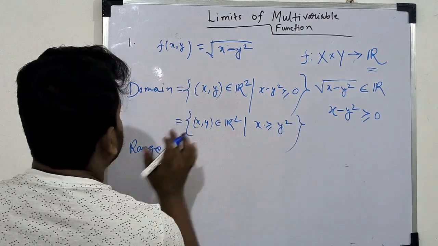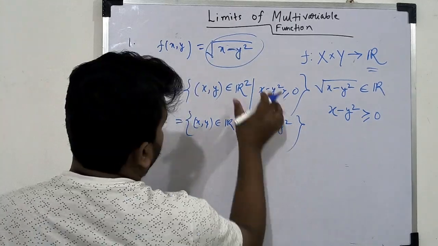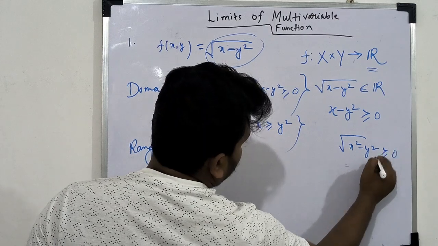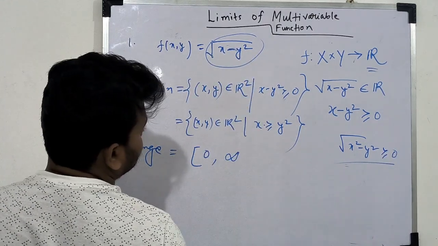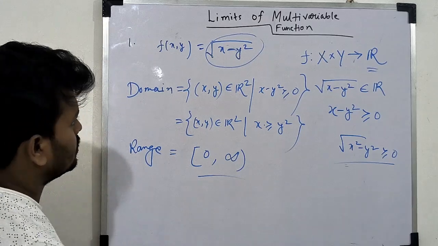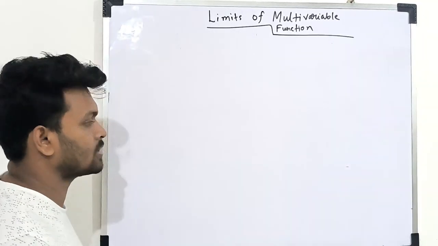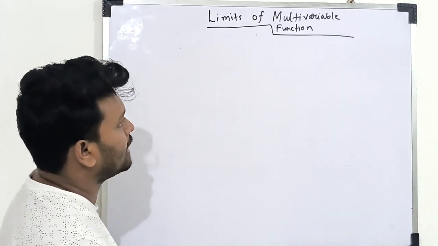This is the domain for this function, and the range: as this goes to R and the root is greater or equal to 0, the range will be from 0 to infinity. You can note this down. Now I will discuss some properties that we will use later in limits of multivariable functions.